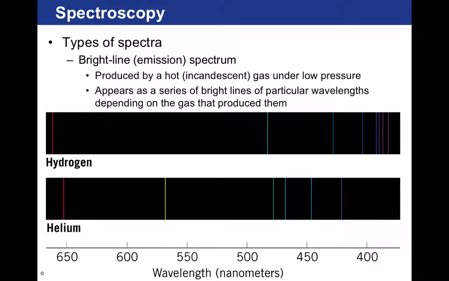And believe it or not, these colors are produced by the relative locations of electrons within each of these different types of atoms. So what you could do is you can identify a substance if you could collect that substance's bright line spectrum. Like for example, if you were to take helium and you did an experiment over and over again, this would always be the bright line spectrum of helium. It doesn't change.